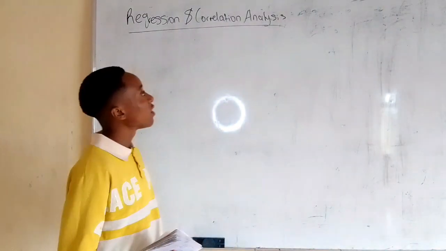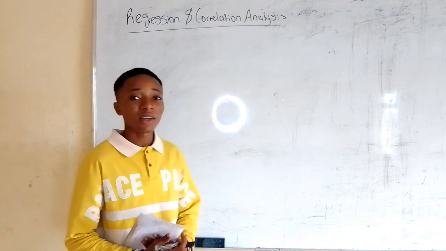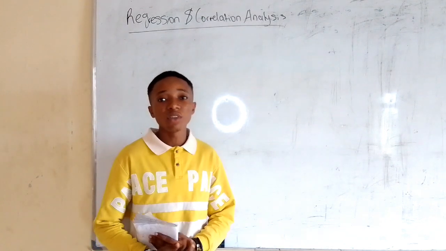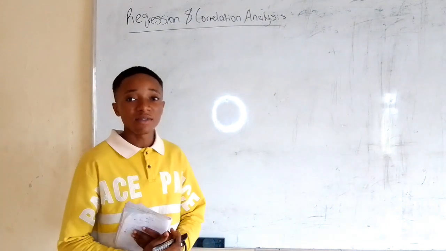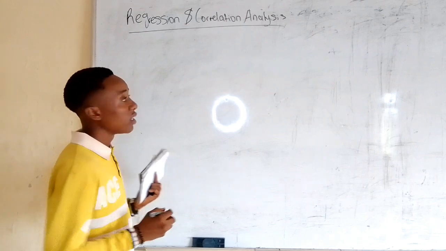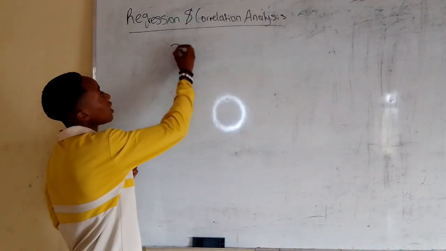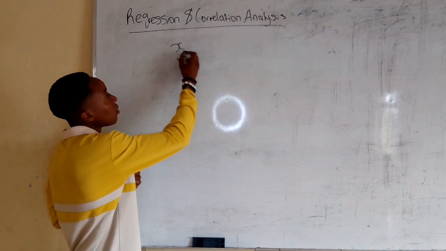So, regression. Regression can be seen as a widely used statistical method that is used to show the relationship between independent and dependent variables. The independent variable is denoted with x and the dependent variable is denoted by y.